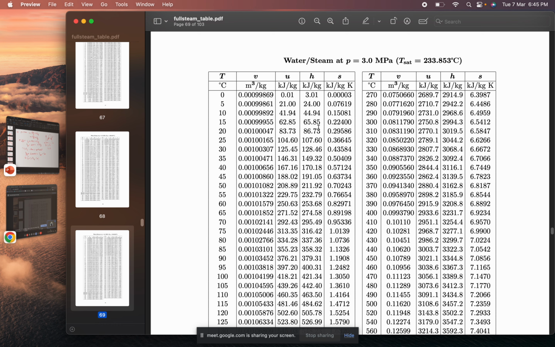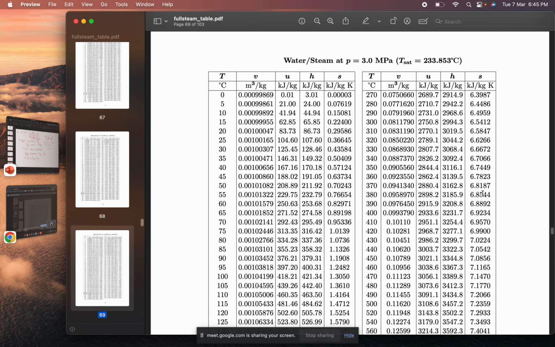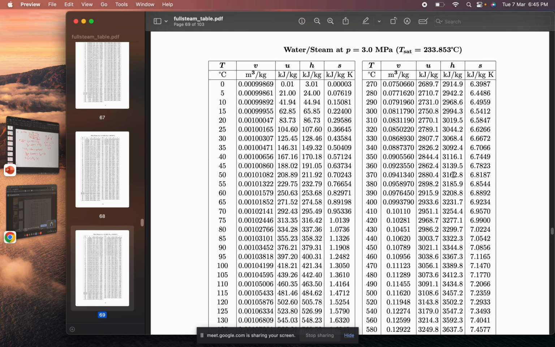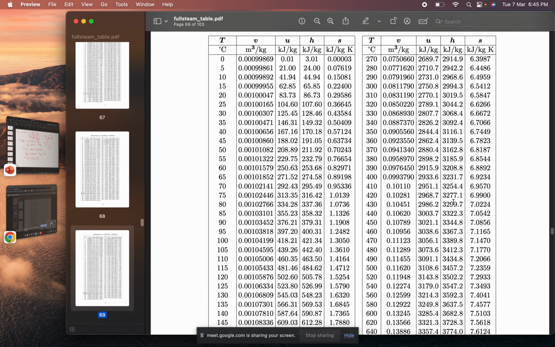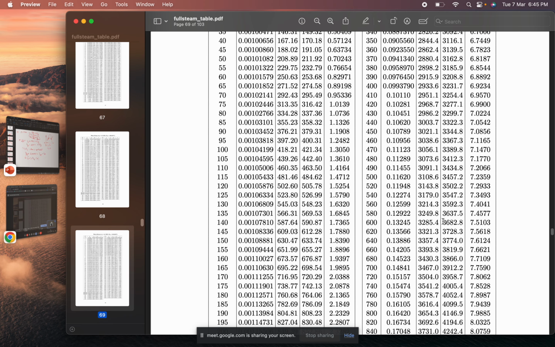Now we will try to locate the nearest value corresponding to this given enthalpy value. These are my enthalpy values. It was 3681, right? Here you see 3682. So 3681 is not there, but by linear interpolation we can calculate, so it will be between these two values.